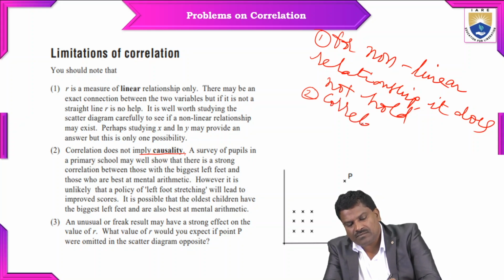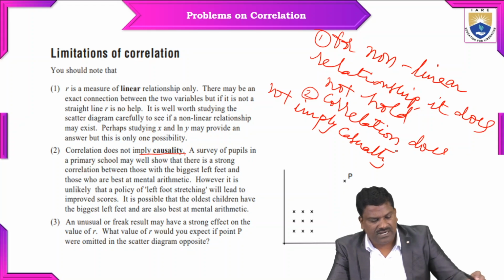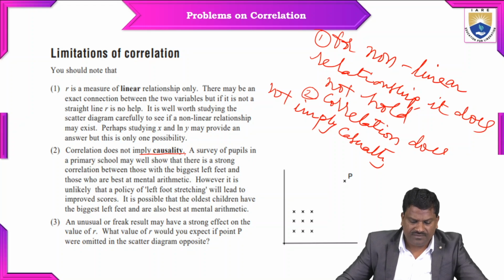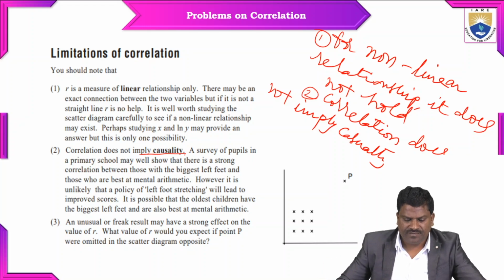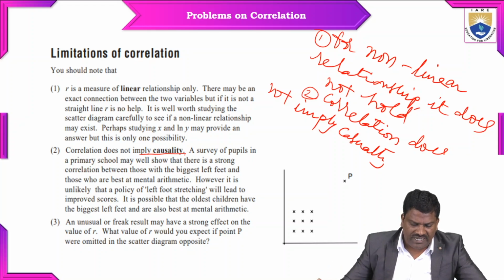Correlation does not imply causality. Next, the third one is that an unusual or freak result may have a strong effect on the value of R. What value of R would you expect if point P were omitted in the scatter diagram opposite?